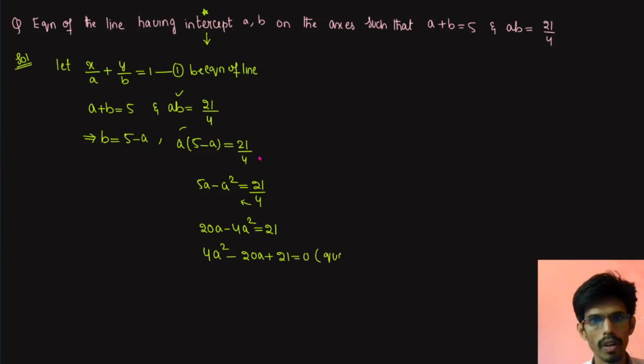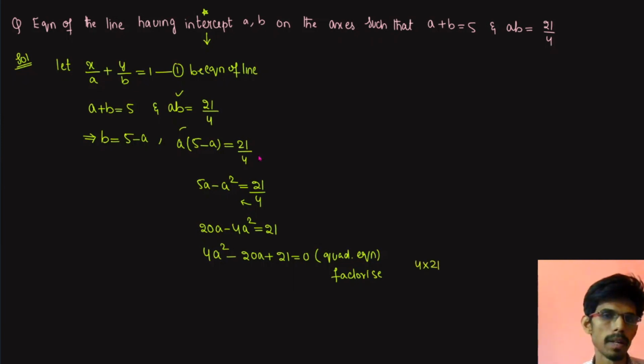This is a quadratic equation in a. It has two factors. Let us factorize it. Here we have 4, the coefficient of the square, into 21. Now I'll take the factors of 4 as 2 into 2 and the factors of 21 as 7 into 3.